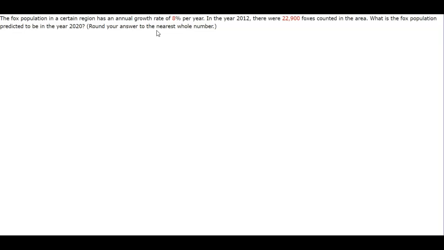So we want to be able to use the general growth formula. And if you recall, the general growth formula is A equals P times (1 plus R) to the power of N. So what's given in our problem?